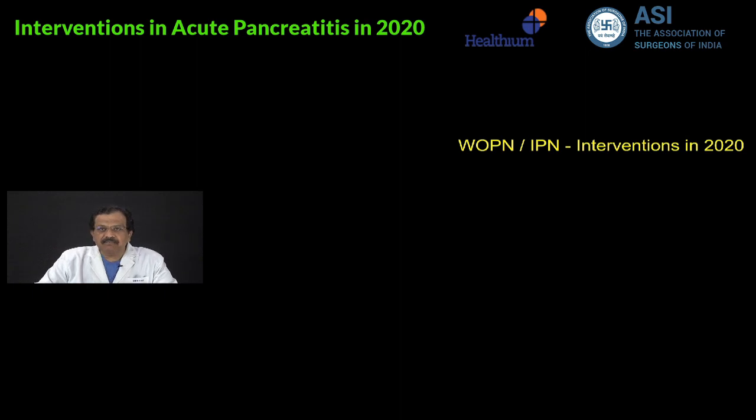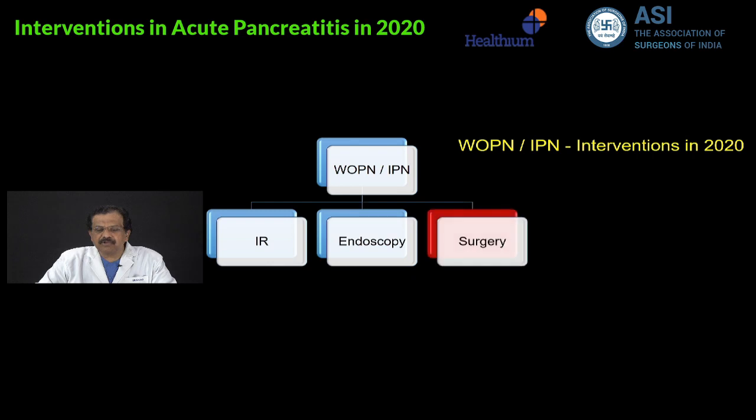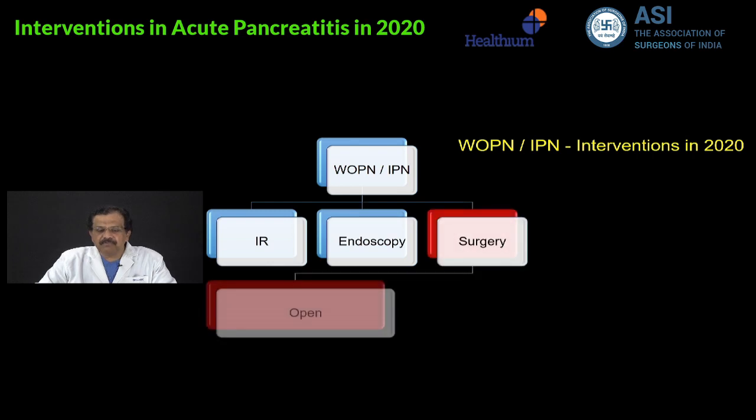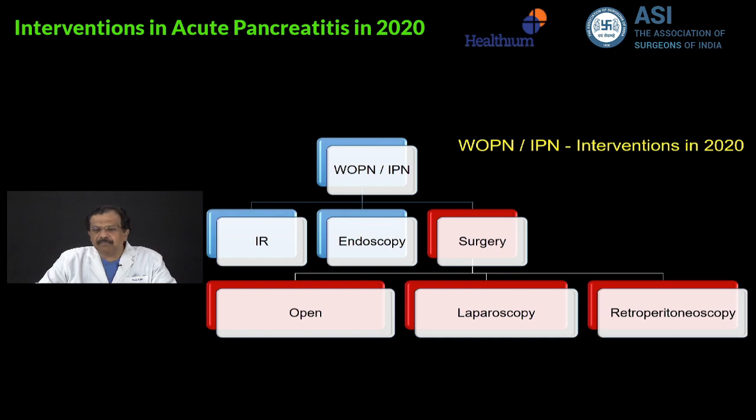So we have surgery, we have interventional radiology, we have endoscopy. So in 2020, walled-off pancreatic necrosis either can be treated by interventional radiology, endoscopy, or surgery. And when it comes to surgery, it can be either open, laparoscopy, or retroperitoneal scope.